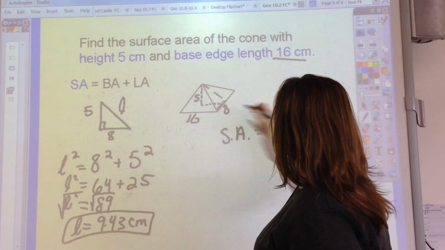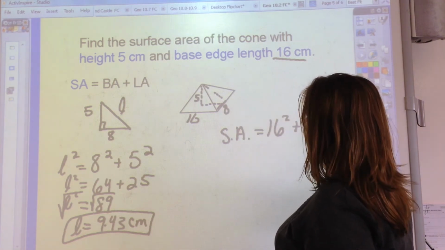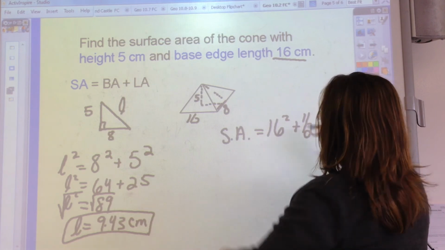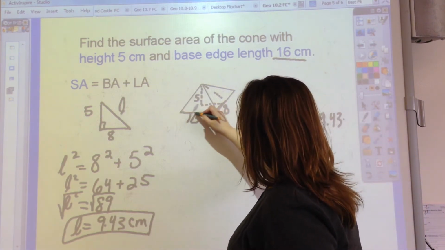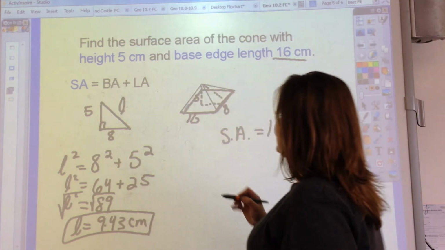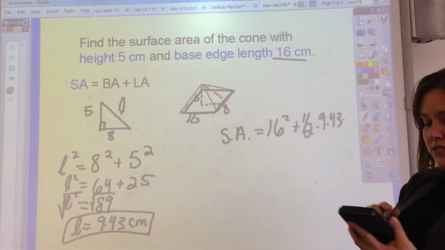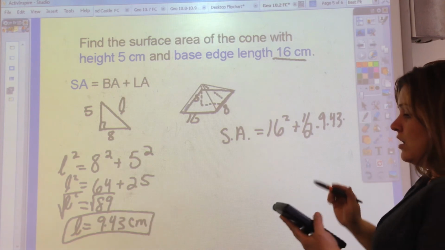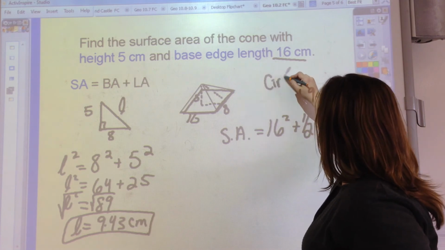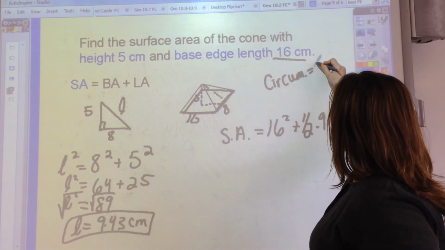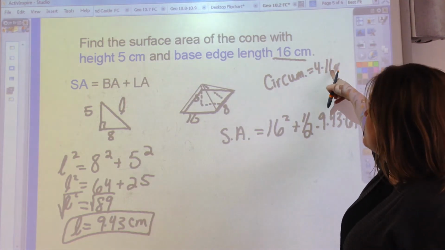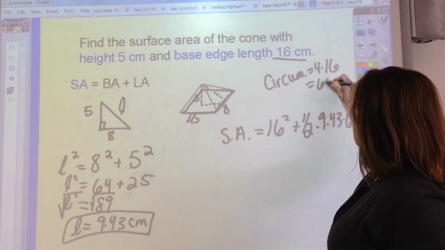Here I'll have 1/2 times the slant height, which I found to be 9.43, times my circumference, I've got 16 plus 16 plus 16 plus 16. So that would be 4 times 16, which is 64. Again, we took 4 side lengths times our base edge, which gave us 64.